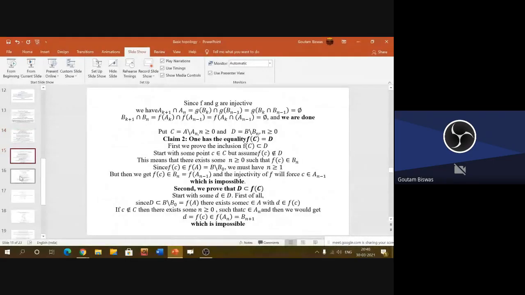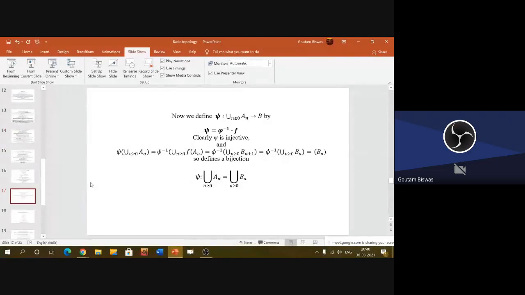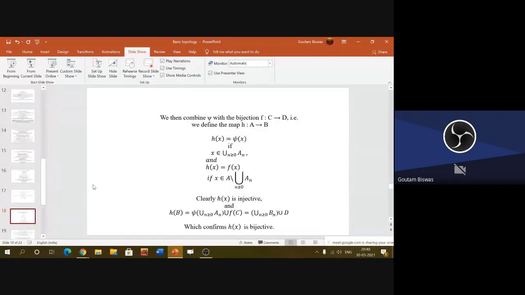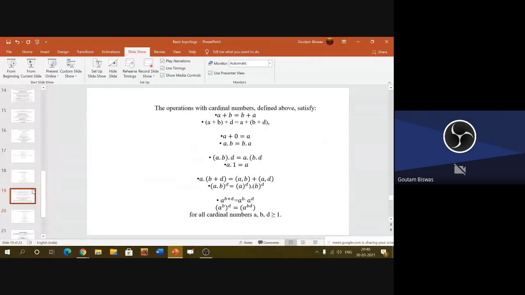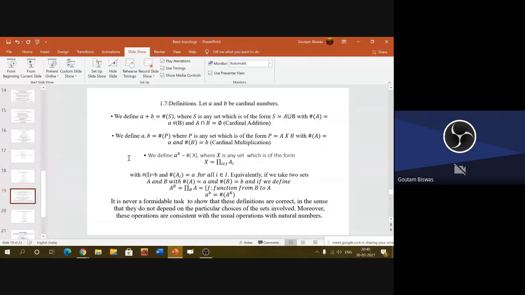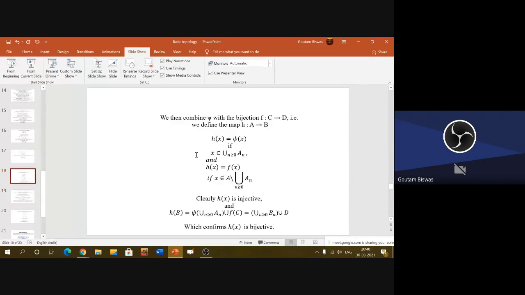Now this theorem, I will discuss many times, because it is not so easy to understand. This type of sets, this type of thing, will not be clear in just one class.